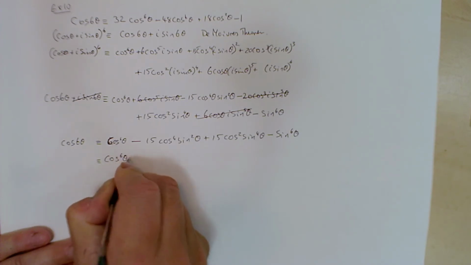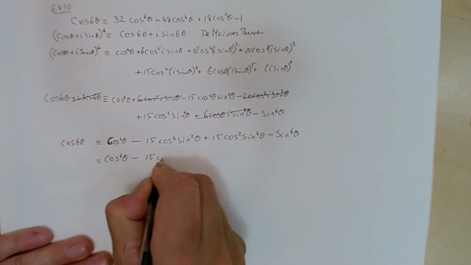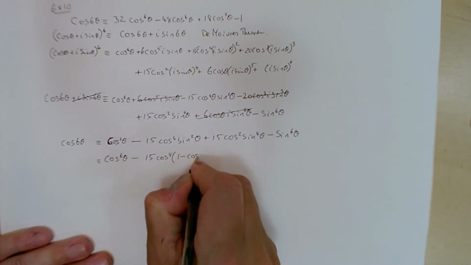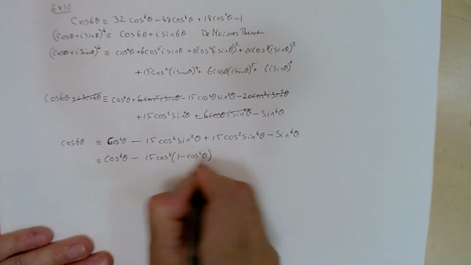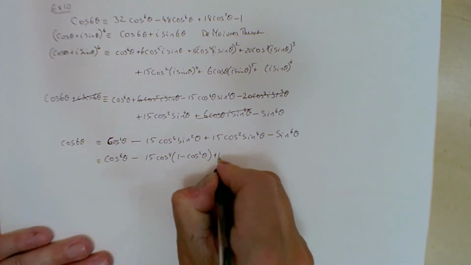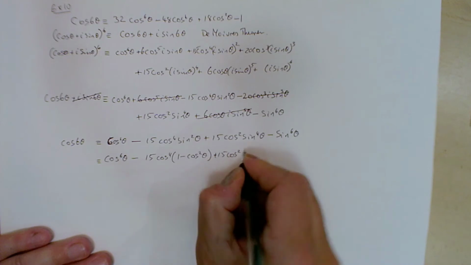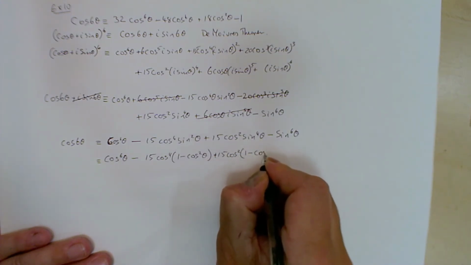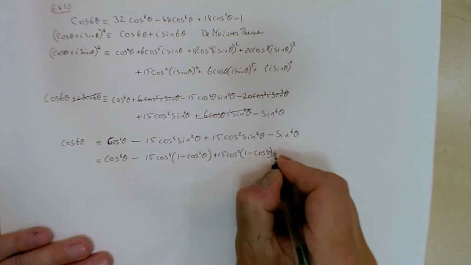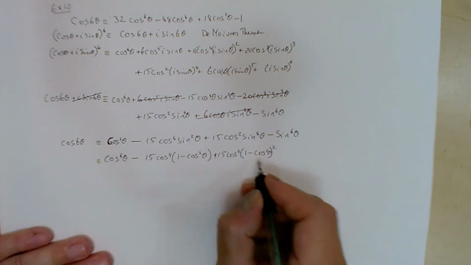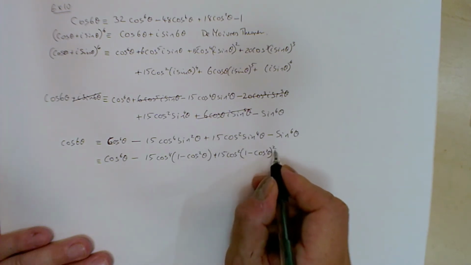minus 15 cos to the power of 4 (1 minus cos squared theta), because 1 minus cos squared theta is equal to sine squared theta, plus 15 cos squared. Now we have (1 minus cos squared theta) squared, because sine to the power of 4 is 1 minus cos squared, squared.